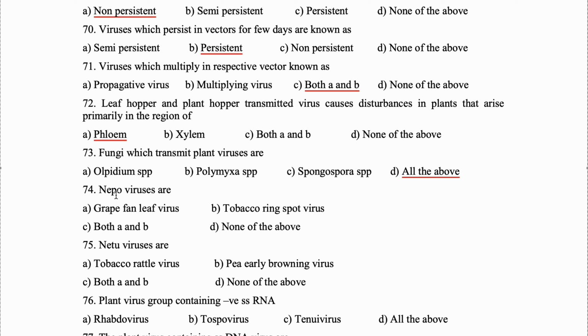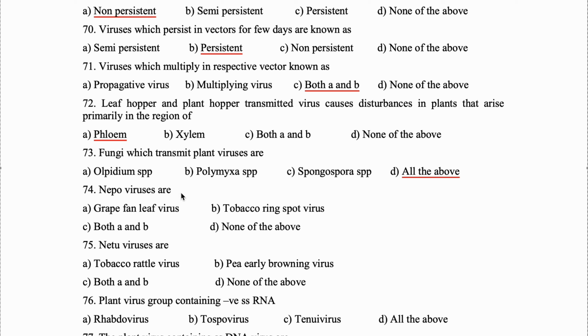Now 74. Nepoviruses are, now why this term nepo? In every question and every word there are so many things that we can study and get to know something new. Nepoviruses are the nematode-transmitted viruses.